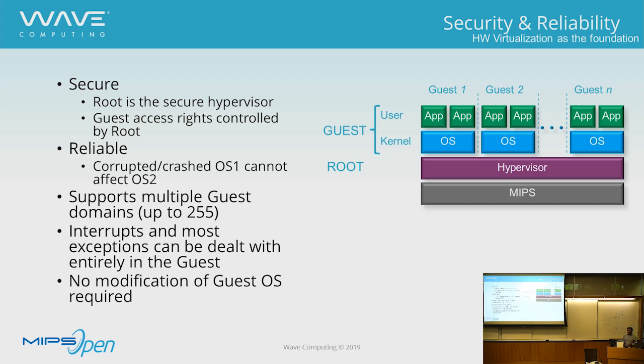Or Ethernet is shared, so let's move that to root. Or Ethernet 4 needs to be shared, so create a proxy through guest 7 that can decide who to pass it to. So there are many flavors of managing this. The most important thing is that you can implement a lot of hardware support to reduce the overhead associated with context switching, and that's critical for many of these applications.